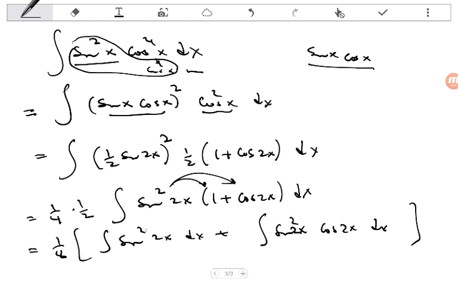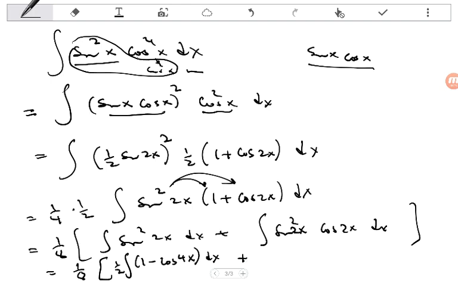So I have to apply the reduction formulas here. This will be 1 over 8 integration of half 1 minus cosine double the angle, which will be 4x.